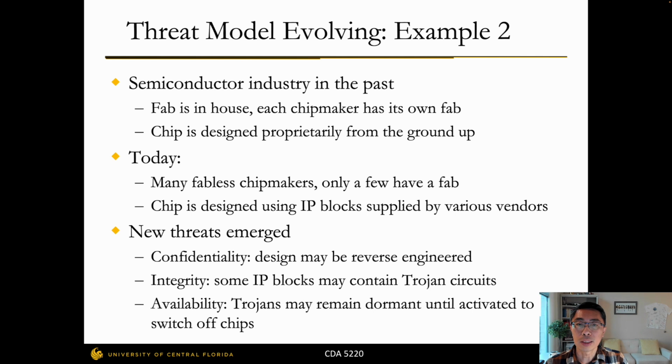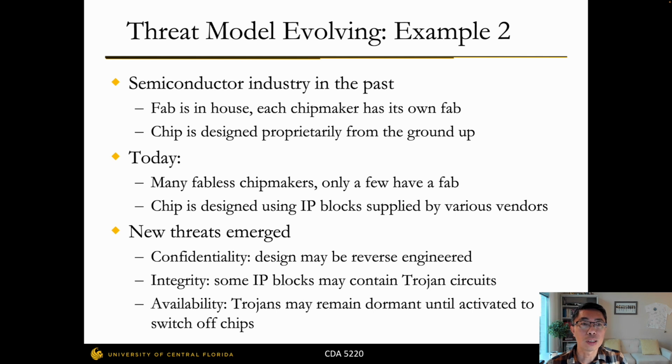So with the changes in how chips are made, there are new threats. The chip design can be reverse engineered, but there's also the question: if I use a certain IP block, how do I know that it doesn't contain a circuit that is malicious, something called a Trojan circuit?